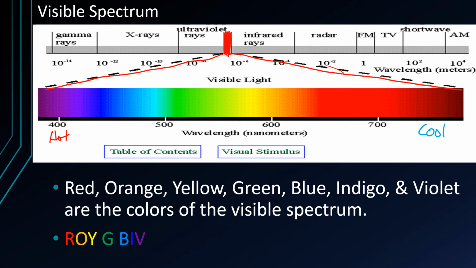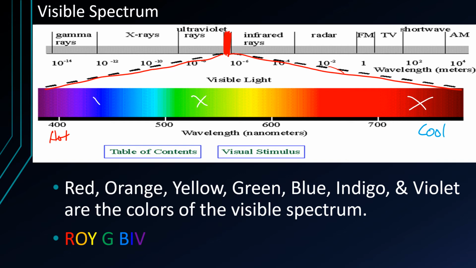So this also explains things like laser pointers. Most laser pointers that you are able to purchase are in this red area of the spectrum, lower energy. You can sometimes get green ones. They're typically a little more expensive, but they are available commercially. They are a lot more dangerous though. They can hurt your eyes much faster.